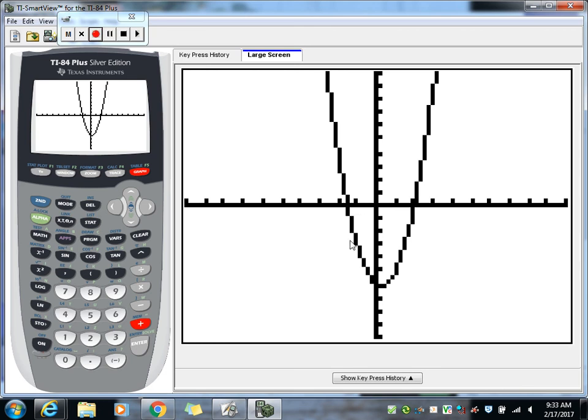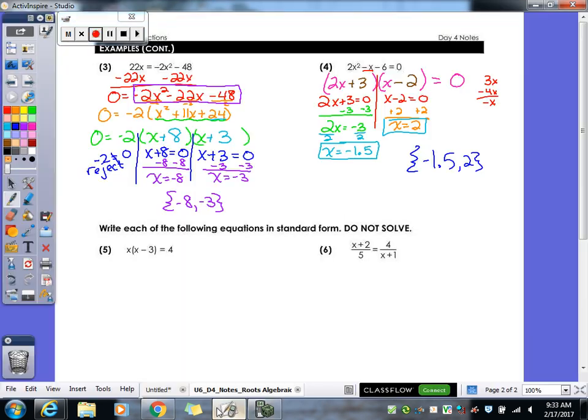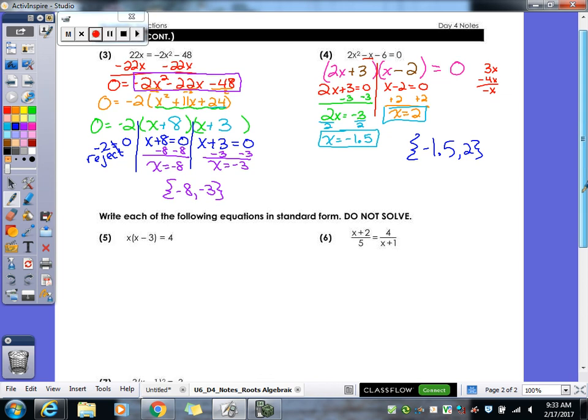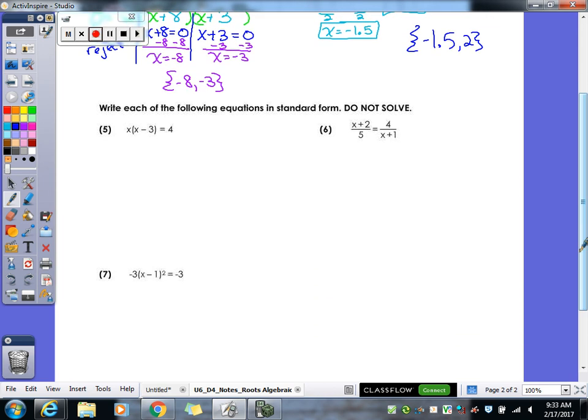Yeah. And then that other side hits at 2, so then we got it correct. Now these last 3 on here, we're just going to practice writing it in standard form. We're not going to finish solving it. So solving is pretty much the same after that. Factor, set them equal to 0, and finish solving.